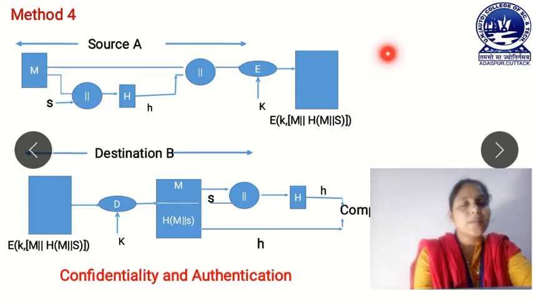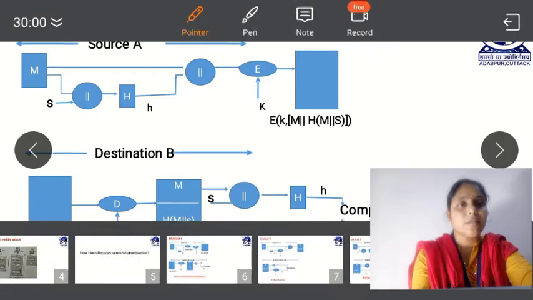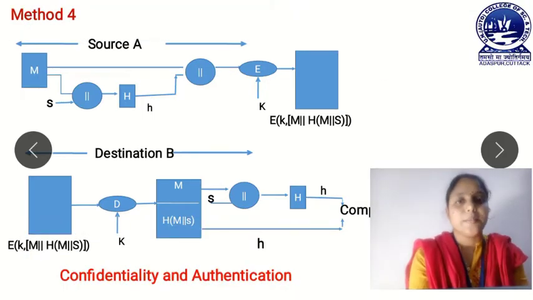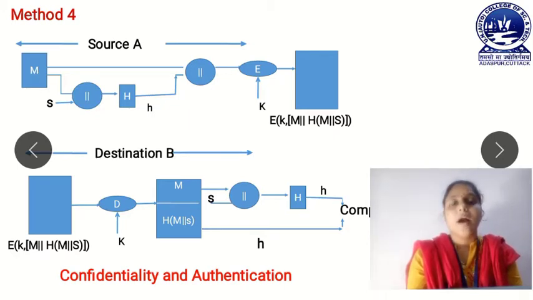And to decrypt this message, the attacker must know the secret key K. But this secret key K is only known to the source A and the destination B, so the attacker cannot get the secret key and cannot decrypt this message, which means this method satisfies confidentiality. Here the confidentiality is satisfied because of the encryption, and the authentication is satisfied because of our hash value and the secret value S.